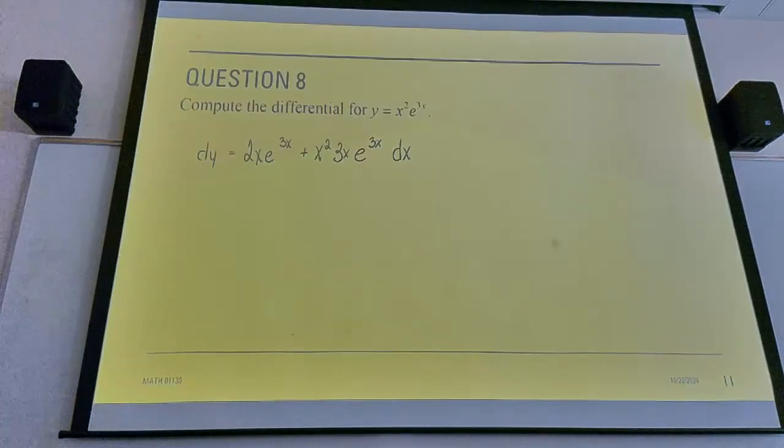So that I definitely agree with. It's not 3x, it's just 3. So I'll just write that 3x squared. There's your differential.